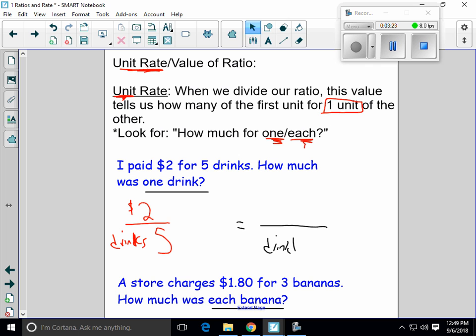What would I have to divide the 5 by to turn it into a 1? Well, 5 divided by 5 would be 1. So I'm going to do the same to the top. 2 divided by 5, I'll put that in my calculator. 2 divided by 5 is 0.4. Now I'm going to add a 0 at the end because we're talking about money. So it would be 40 cents for 1 drink.